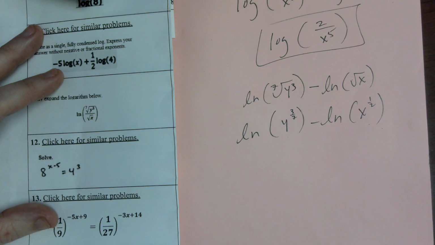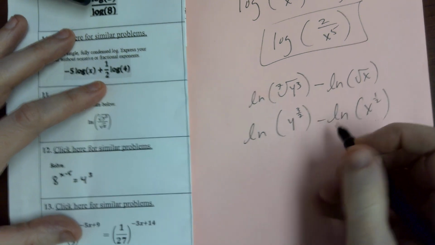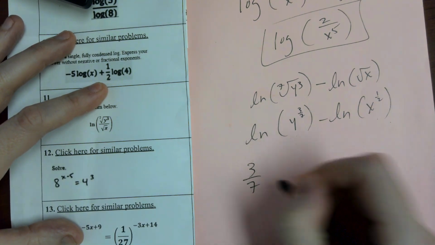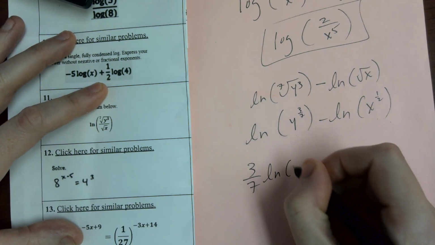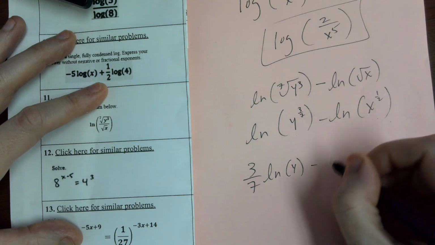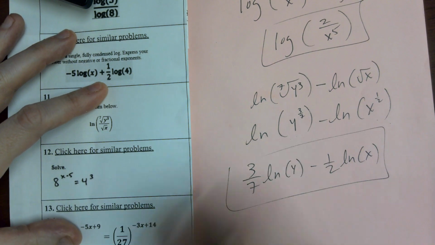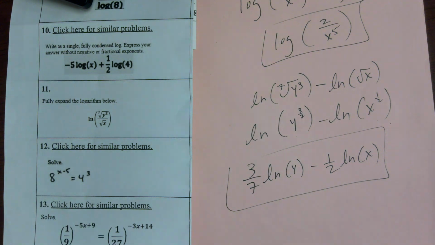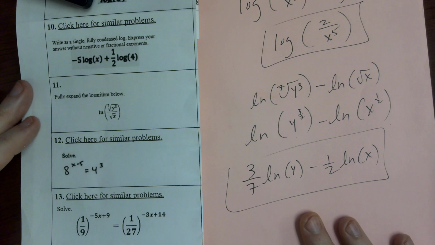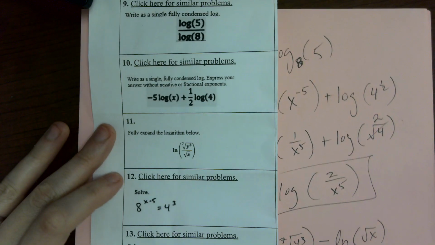And then you could take the exponents and bring them out front as coefficients. So 3/7 natural log of y. Okay, so that's expanding. That is the opposite of condensing. All right. So we've just got 3 more.